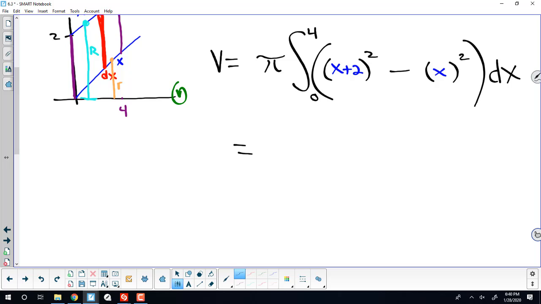It ends up just being a linear function. So just put the answer at 48. Anyone have any questions at this point?